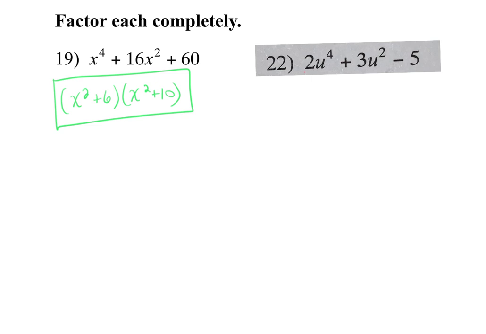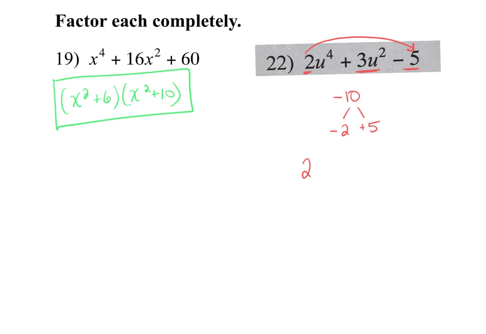If I have a leading coefficient, I can do my multiply across. 2 times -5, that's -10. Factors of -10 that add to give me +3. Well, that's going to be a -2 and a +5, right? And then I'm going to rewrite this.